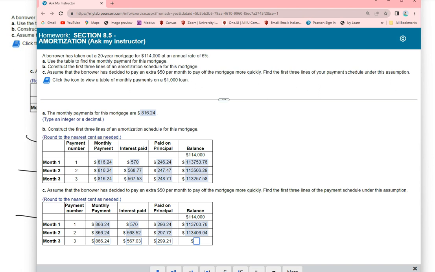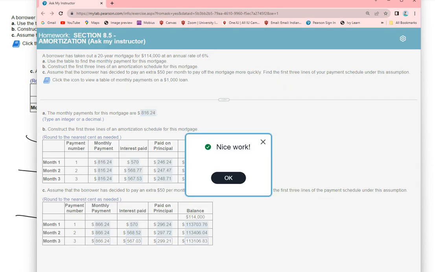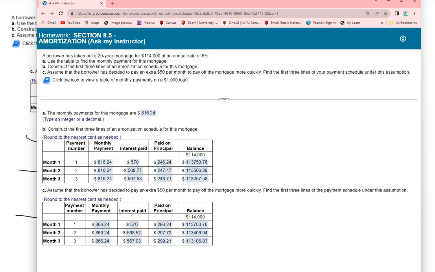So now you still owe this $113,406.04 on your mortgage, but they'll reduce it by $299.21. So now it's down to $113,106.83. Boom. Nice work. And that should be the end.